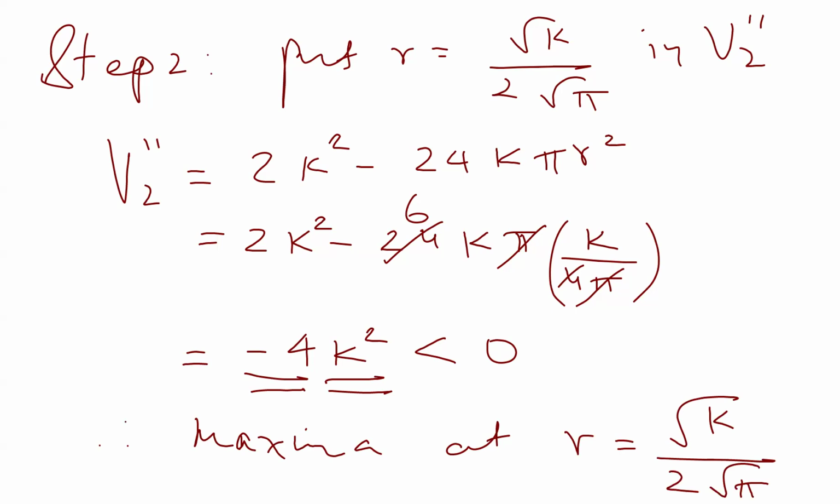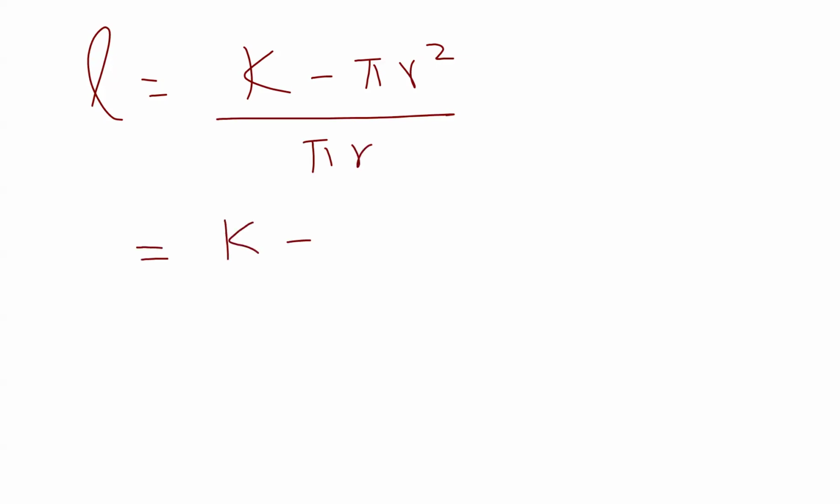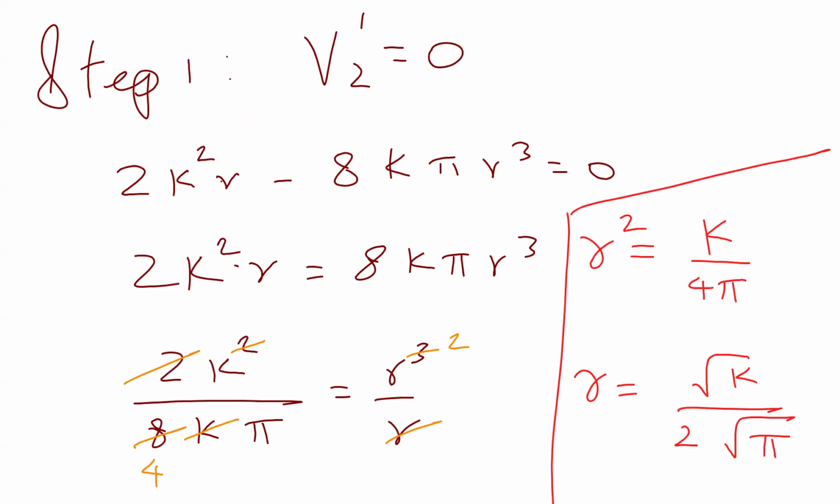Now we'll find out the value of L. L is equal to k minus pi r square upon pi r. So r square and r both values we have. R square is k upon 4 pi.